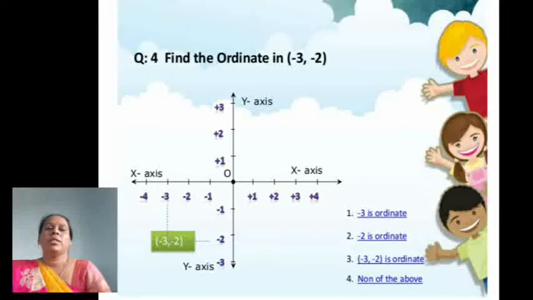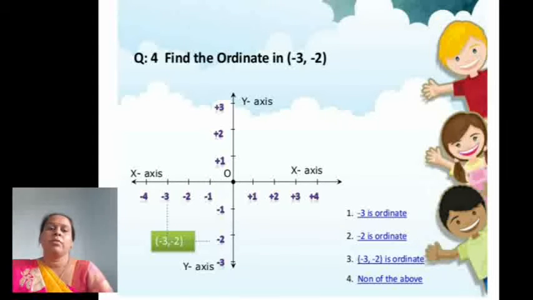Now one point is given, -3, 2. Now find out what is the ordinate of the given point. Ordinate means y coordinate, means value related to the y axis, means distance of a point from the x axis, and that distance is 2. Here two options are given, -2 and 2, but actually here we are considering the distance, and distance is always positive.